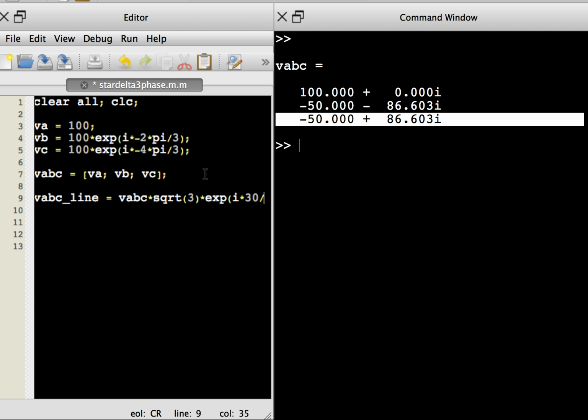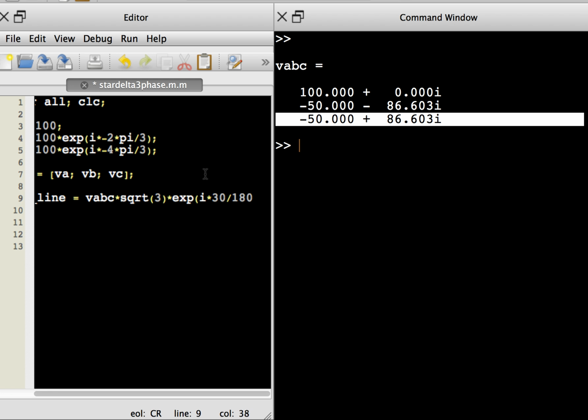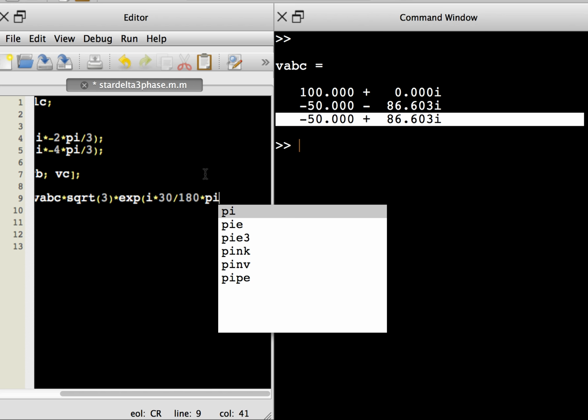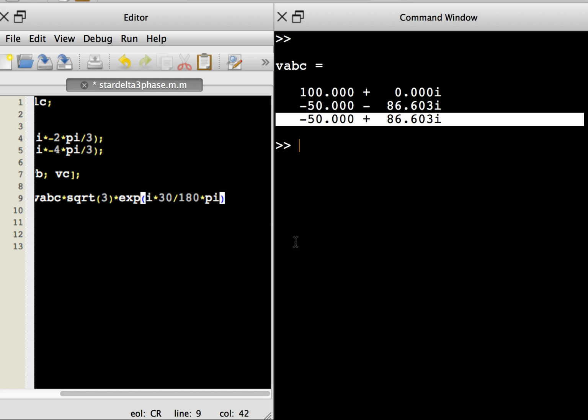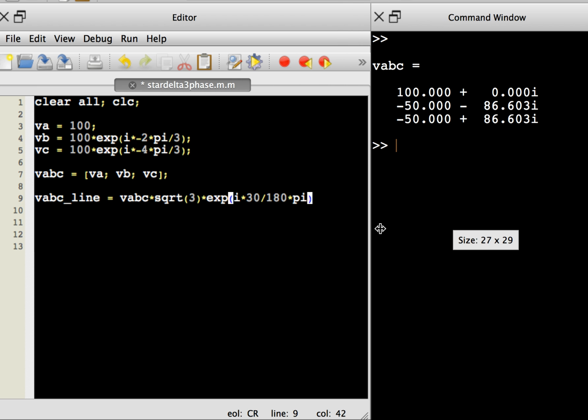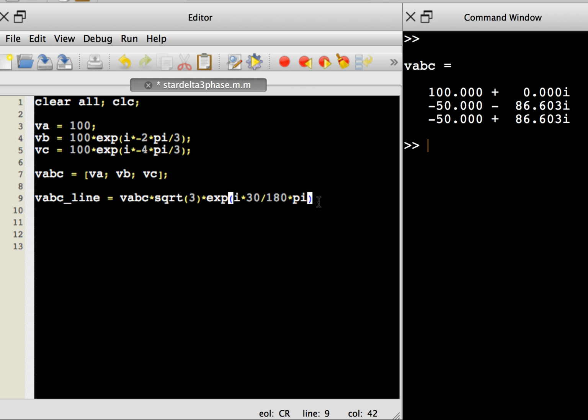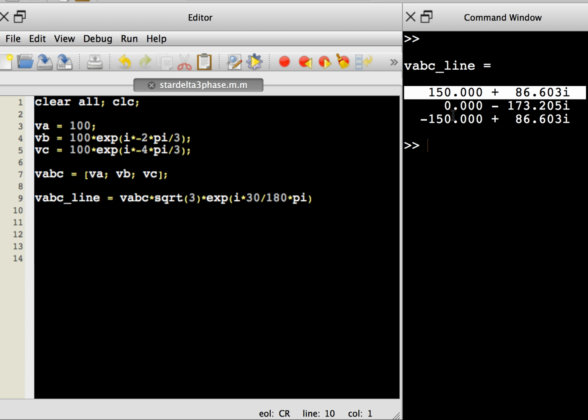So 30 I have to convert into radians, 30 into pi divided by 180. So this is the expression for getting the line voltages. So let's see if it's working correctly. So here on the right side you can see the line voltages. So the magnitude is all clear. So 173.2 I was telling. So that is confirmed. For the second one, minus 90 degrees, that's why it is minus i.